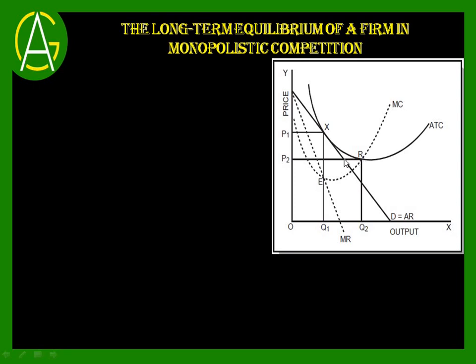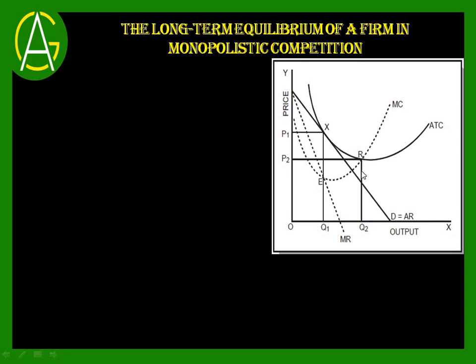But should the firm increase the production up to OQ2? No, it should not try to increase the production up to OQ2, because if it wants to utilize this much level of output, its average cost decreases, but its average revenue decreases even more.